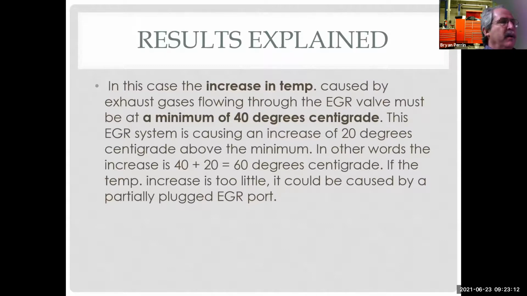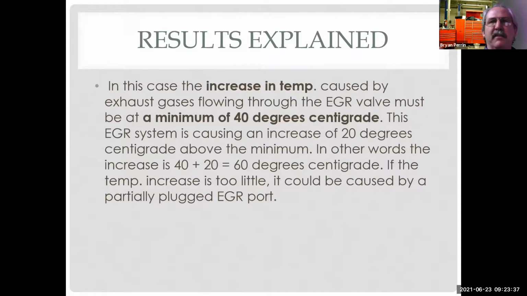If the temp increase is too little, it could possibly be caused by a partially plugged EGR port, carbon deposits, a bad valve, a bad signal, any of those things. So this doesn't tell me what's wrong, but what it does tell me specifically is which test failed that's setting the code. So now I know what I need to fix. I need to fix it so I get more heat going through this tube where I have a temperature sensor.